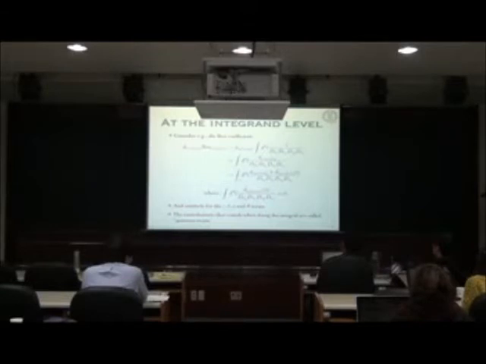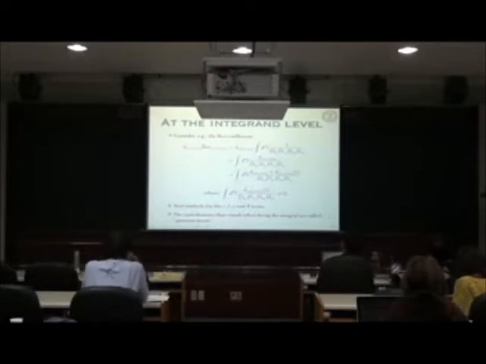However, we can always add a function which depends on the loop momentum, as long as its integral is still equal to zero. The same coefficients which enter at the integral level are also there at the integrand level, except that there are some spurious terms, as they are called. The same is true for the C, the B, and the A coefficients. So we have to deal with these spurious terms.